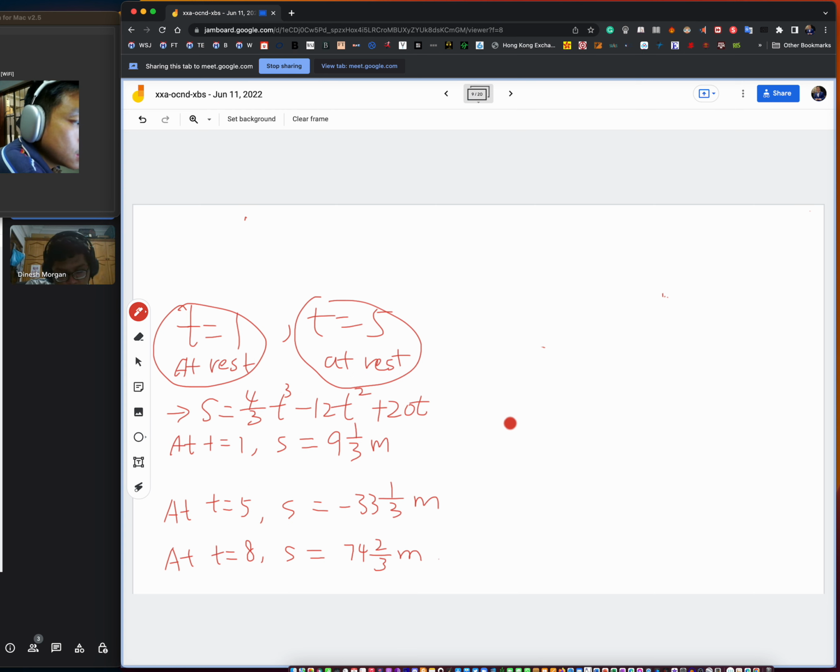So the particle at t equals 0 is at the origin, right? Let me just draw it somewhere here.